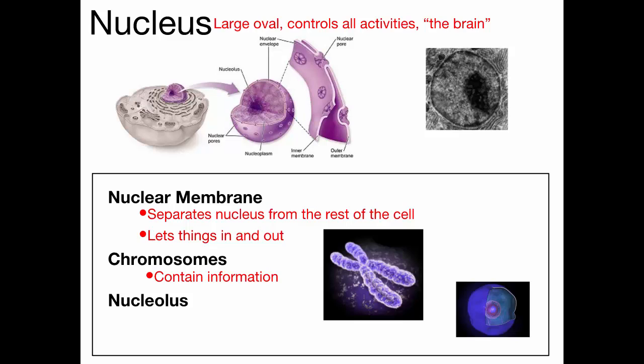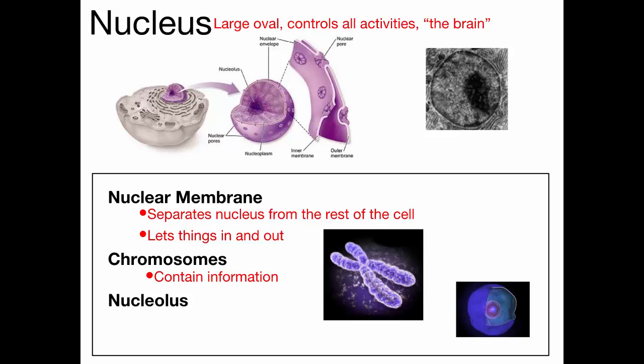Yes. And the other 23? Yes. We inherit 23 chromosomes from each parent. And that's why we have a mixture of traits from each parent, because we get half of our chromosomes from our mother and half from our father. And so those chromosomes are in all of our cells, inside of the nucleus, and they determine how our body works, how it functions.